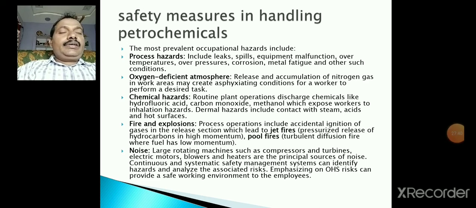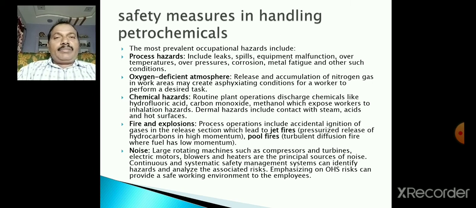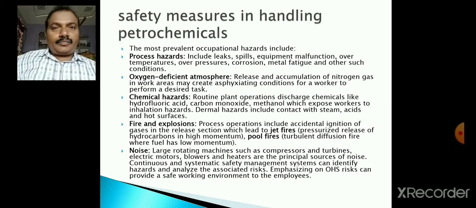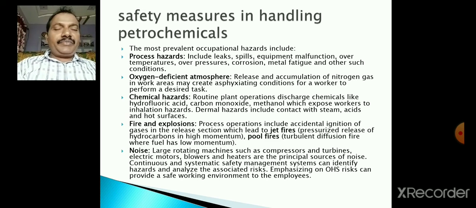Next, let us see the safety measures in handling petrochemicals. The safety measures are very important because personal safety is important whenever human life is concerned.